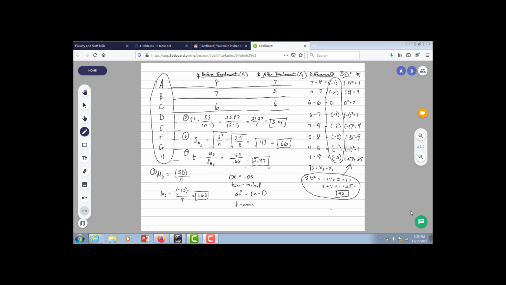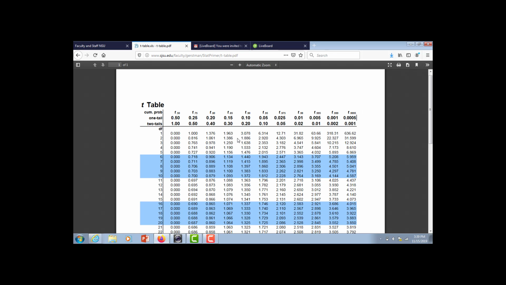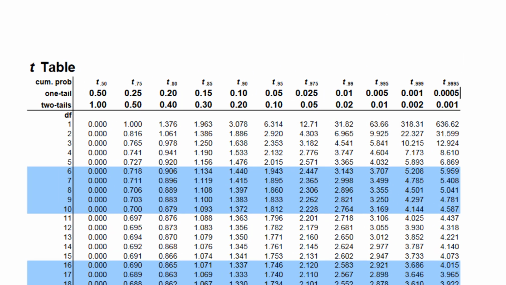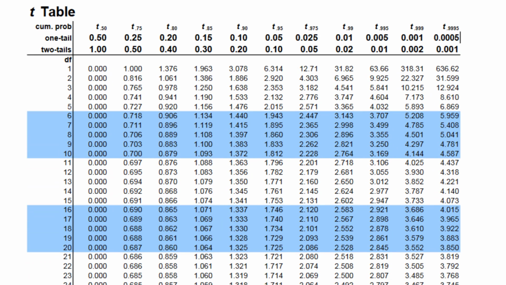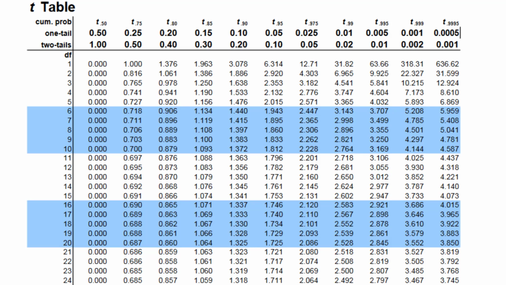So with that being said, let's navigate to our t distribution table. Now we are going to go with a two-tailed test, which means that we're open to significant differences of one instance of the dependent variable being on the high end or the low end in terms of the average.